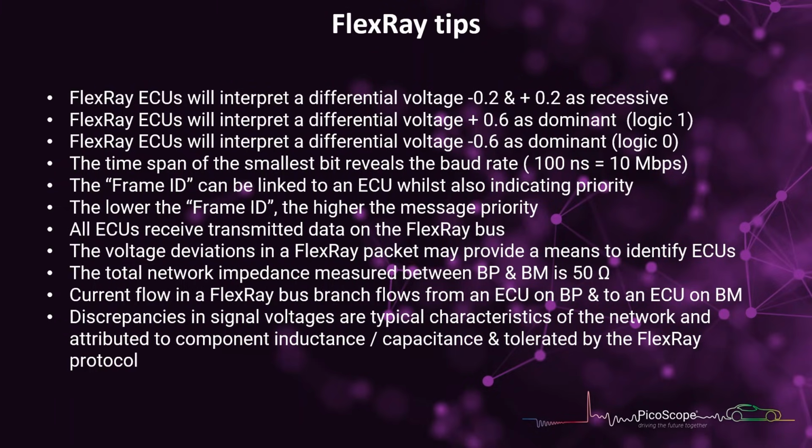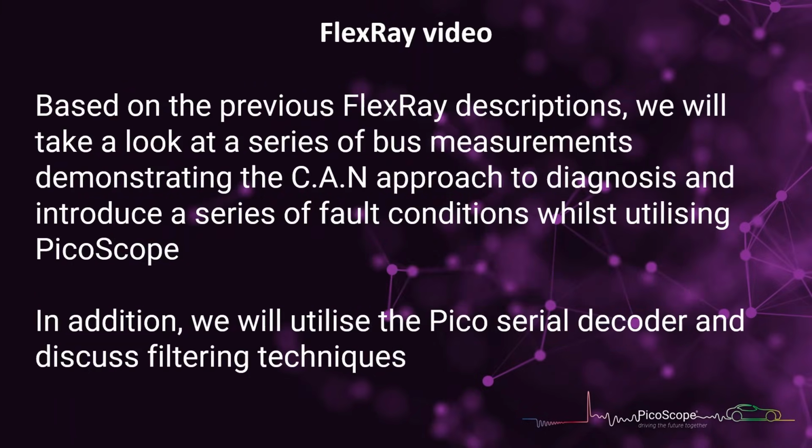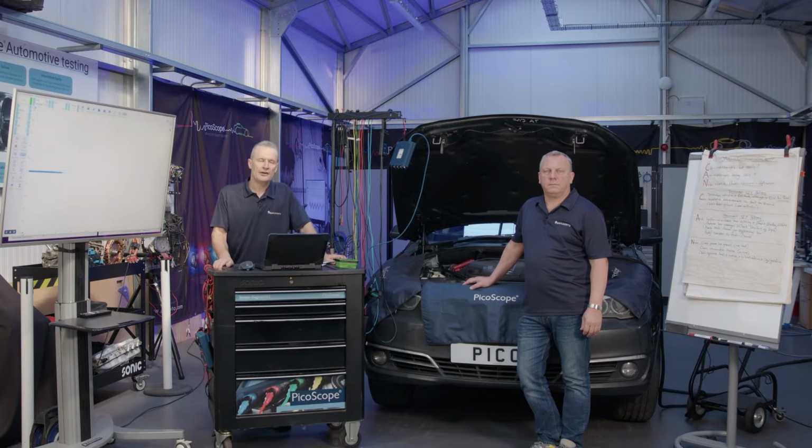Interestingly enough, we will demonstrate this: your measurement can intrude such that you can affect the network by measuring. So on that note, we'll go into the workshop and carry out some FlexRay diagnosis and examine some FlexRay techniques with PicoScope.